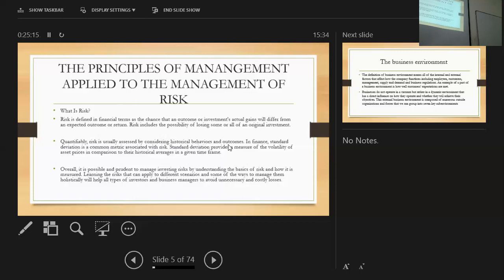Learning the risk can apply to different scenarios, and some of the ways to manage them holistically will help all types of investors and business managers to avoid unnecessary and costly losses. So it is important to understand risk and how to measure it.